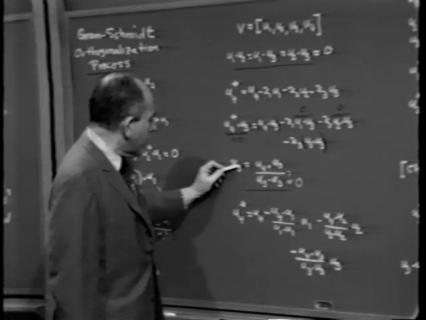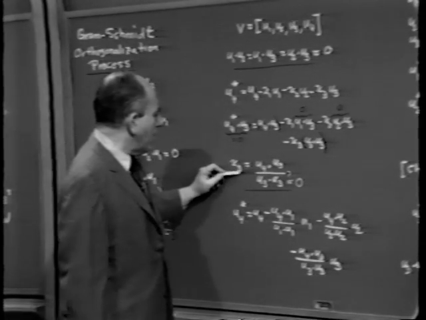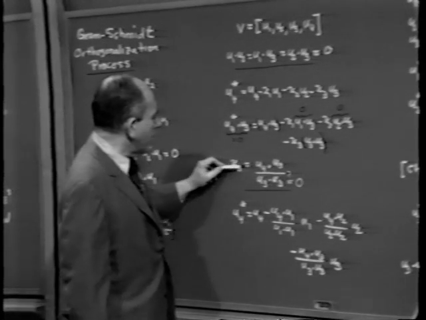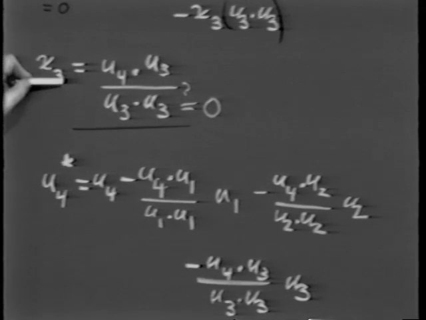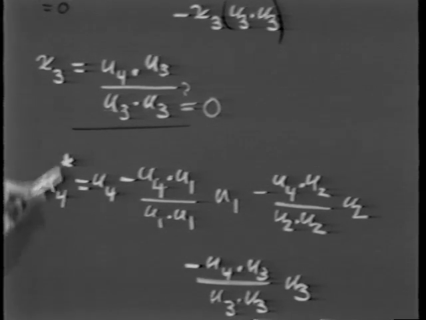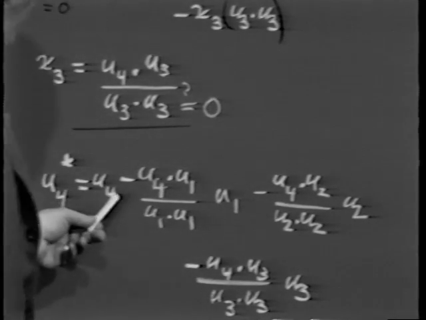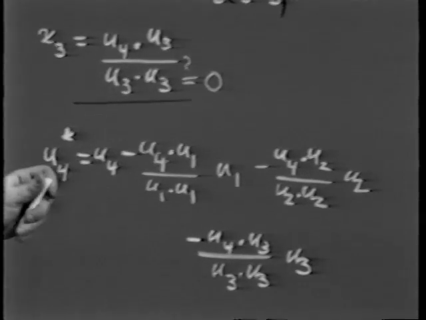In a similar way, I could have found x2 and x1. Leaving the details to you, the easiest way to remember this is every place I see a subscript 3 over here, let me replace it by a 2, and then every place I see the 3, let me replace it by a 1. And what I get is that u4 star is u4, and then I subtract off these scalar multiples. What scalar multiples are they?